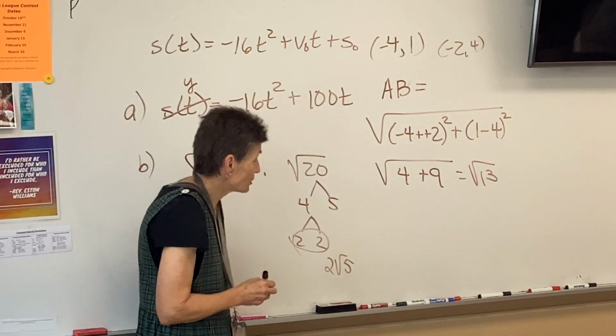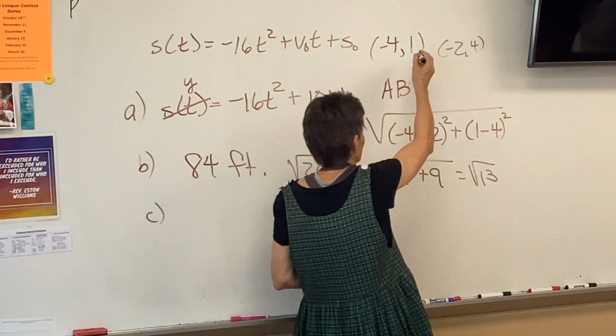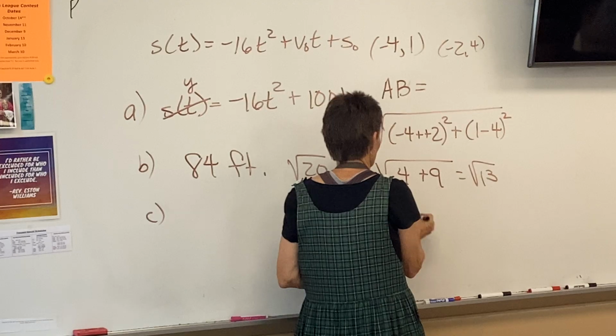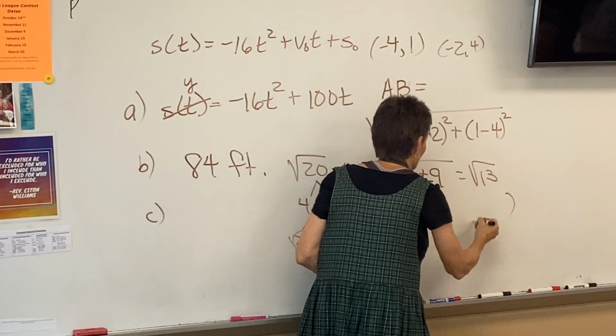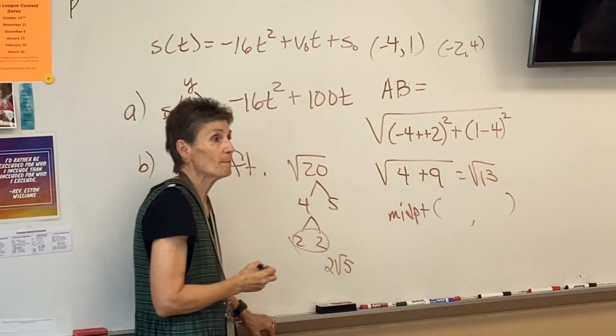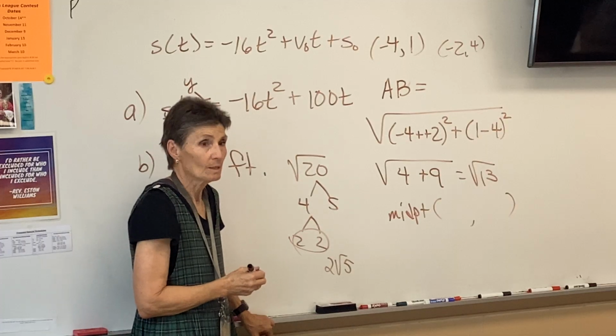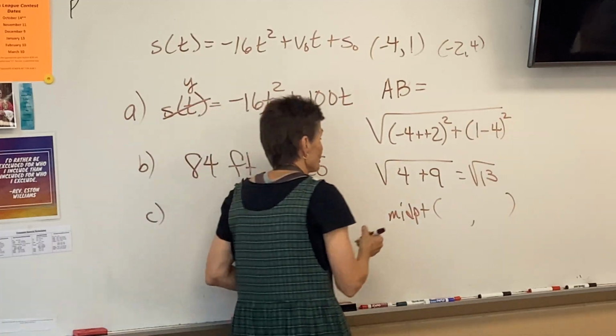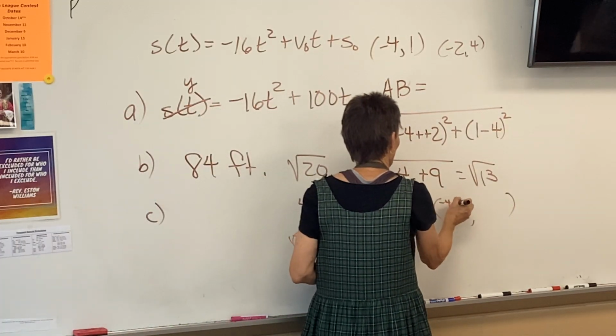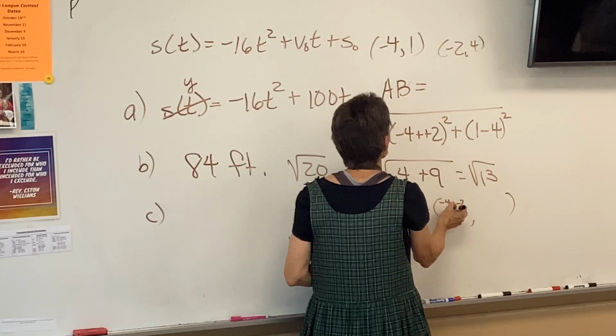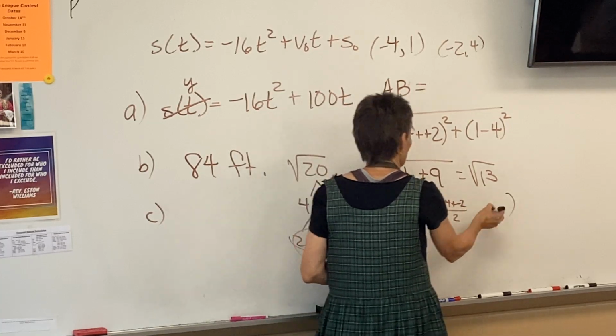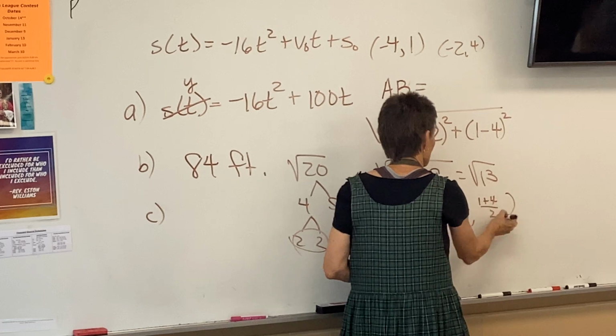And then the last question, same 2 points. What's the midpoint going to be? Well, how do we find midpoint? We average them. That means add. -4 plus -2 over 2, and 1 plus 4 over 2.